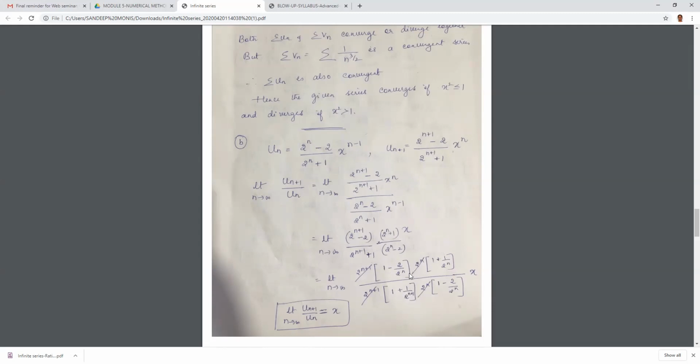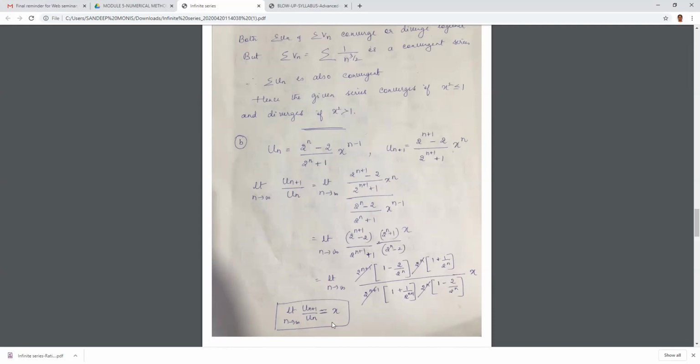So this cancels. Apply the limit n tends to infinity. This will be 0, this will be 0, 1 by 2 to the power n will be 0. So you will get 1 into 1, and only x remains.